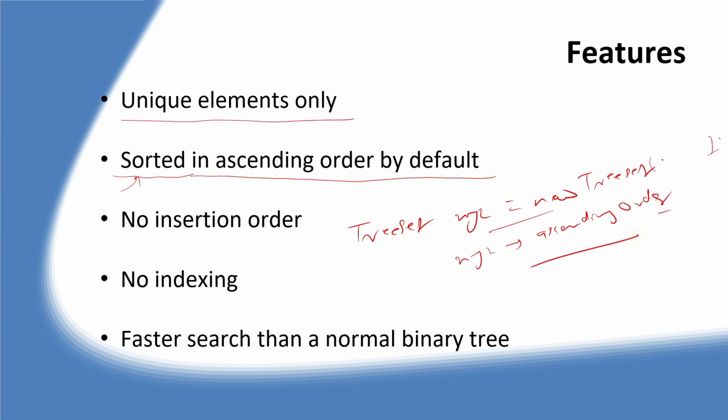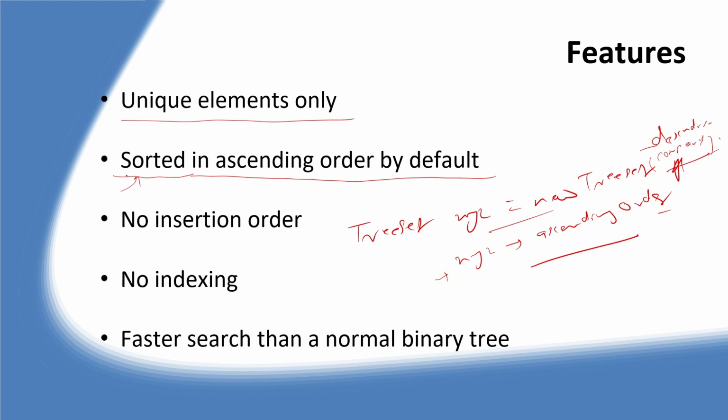If we want to get descending order, here we have the concept of comparator. I will tell you later. But if you want it to be descending, we need to give something extra here. Otherwise, by default, it will be in ascending order.